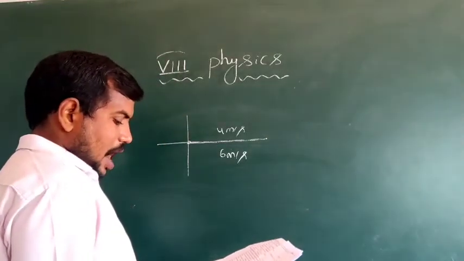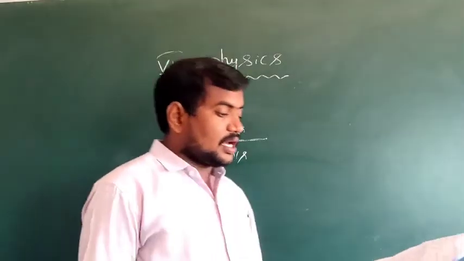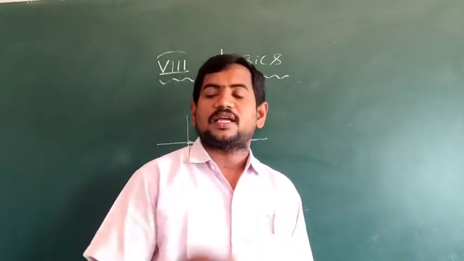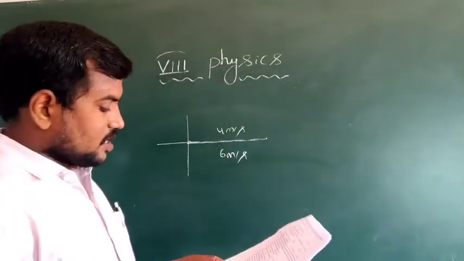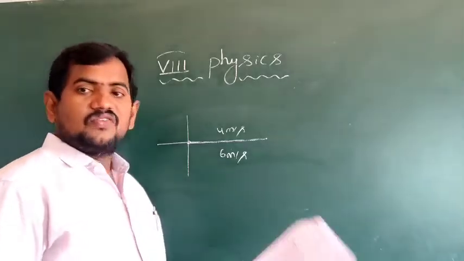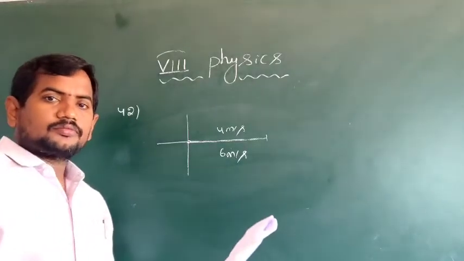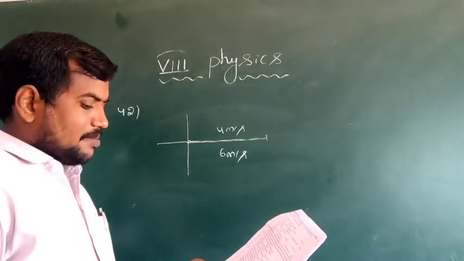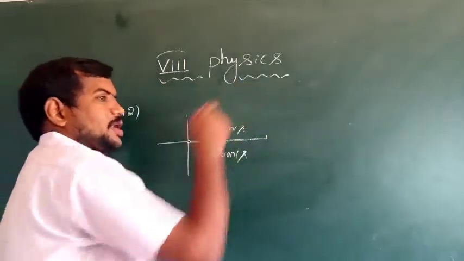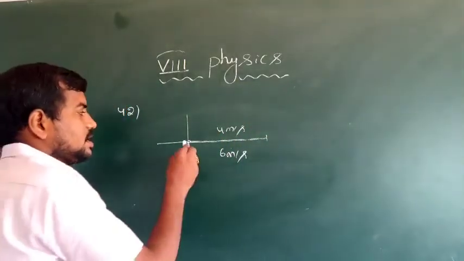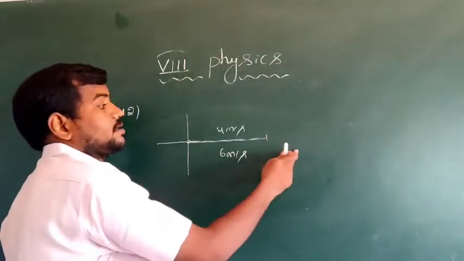Calculate the time at which the second particle will catch the first particle. Got it? Okay, that means here the second particle is moving with a constant velocity of 6 meters per second.